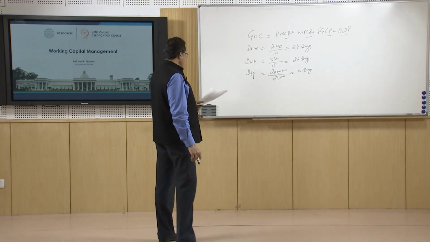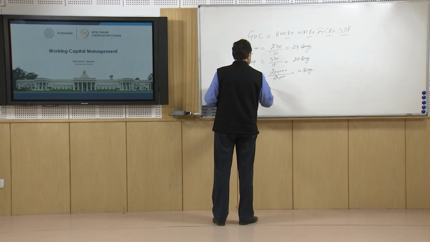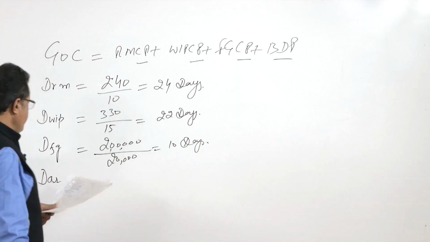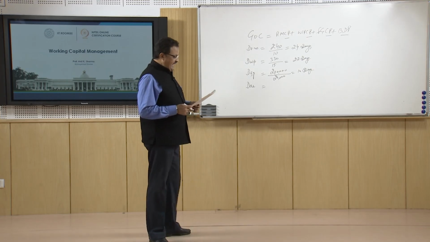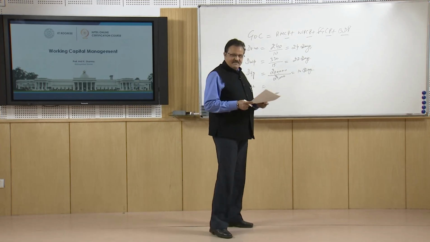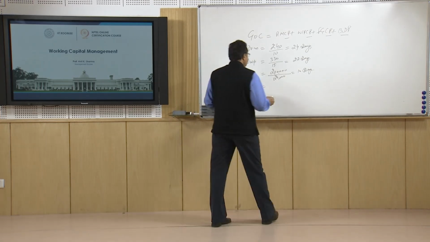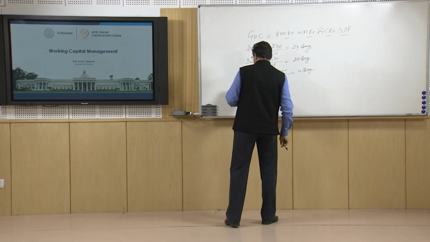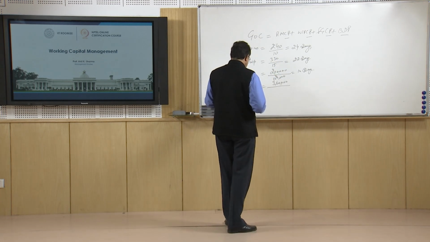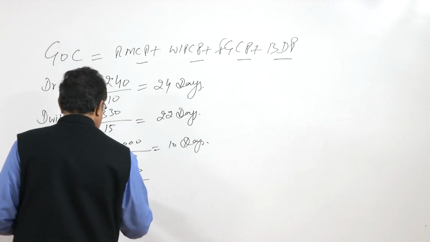Then we have to calculate the DAR, duration of accounts receivables, or the book debt period, BDP. Here the requirement is average sundry debtors divided by the average credit sales per day. The average sundry debtors are 360,000, divided by the average credit sales per day, which is 18,000.